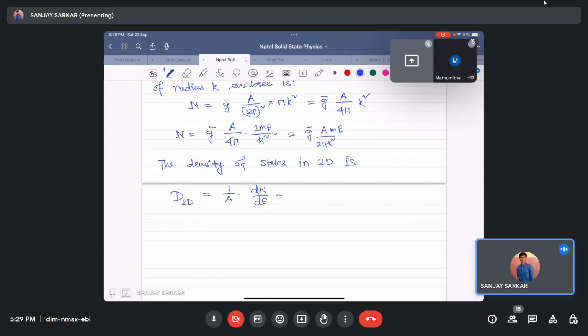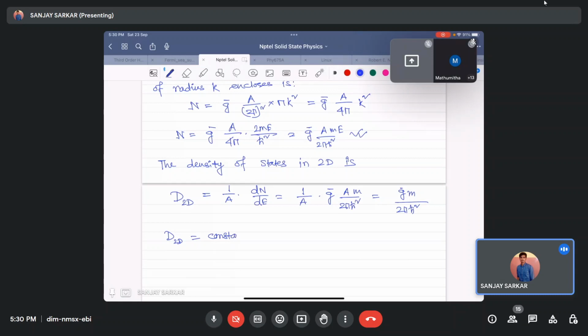So what will be this value? 1 by A into, I am going to differentiate with respect to E for this one. This is g bar A m by 2 pi h bar square. These are constants, m is also constant, and del E by del E is 1. So you can see that there is no energy dependence for 2D. It is just g bar m by 2 pi h bar square. So in 2D the density of states is constant.